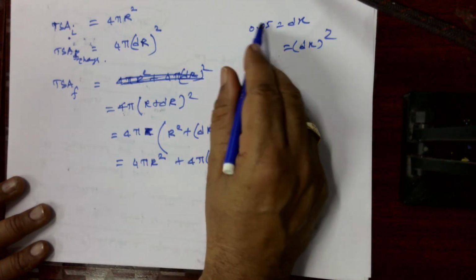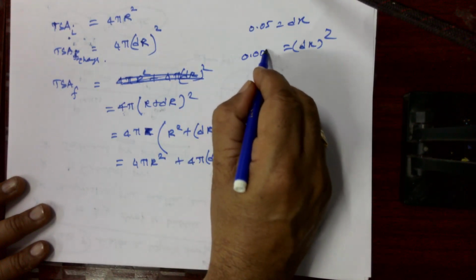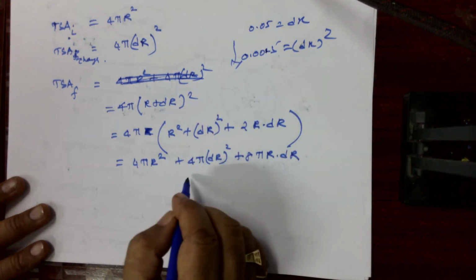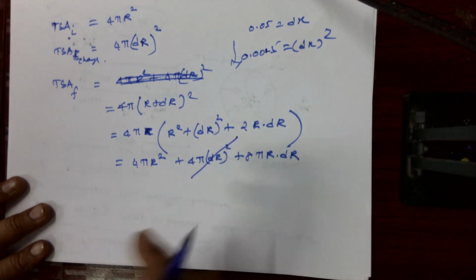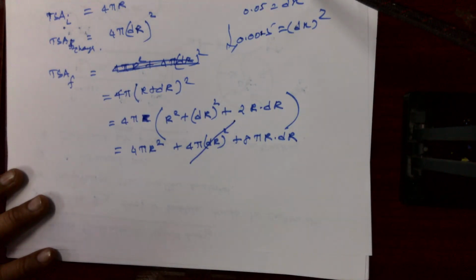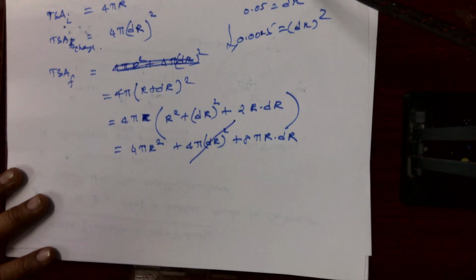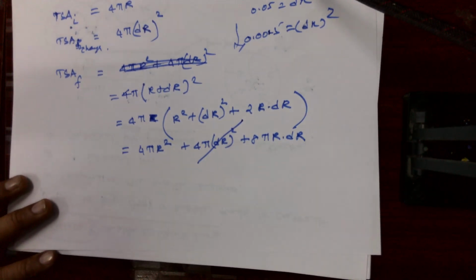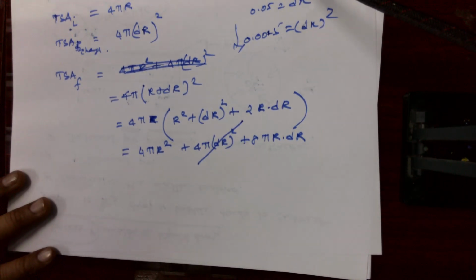It is further reduced to 0.0025. It is reduced, so that is why it is negligible. Do you understand this? Since dr squared is very small, it is neglected.